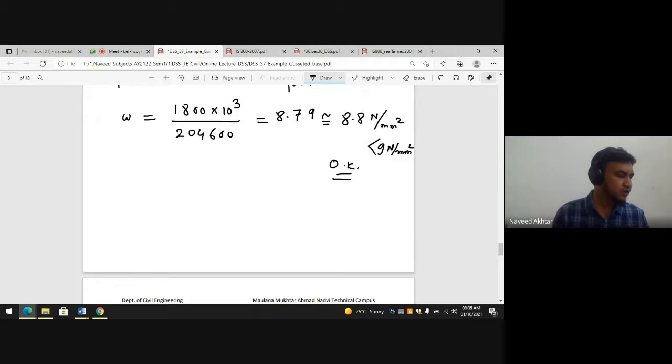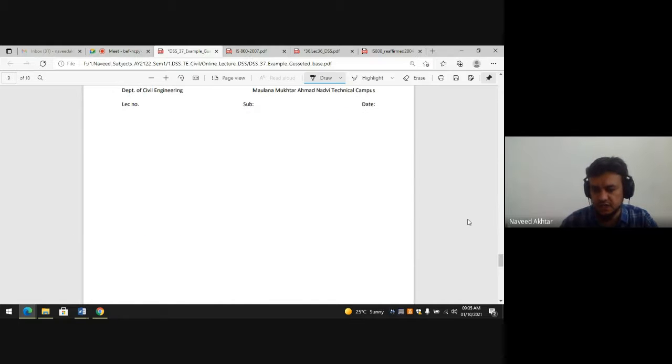Now you know that you have to find out the thickness. So to find out the thickness, you know the critical section. I will draw the figure. This is your column. Here is your base plate, both sides.